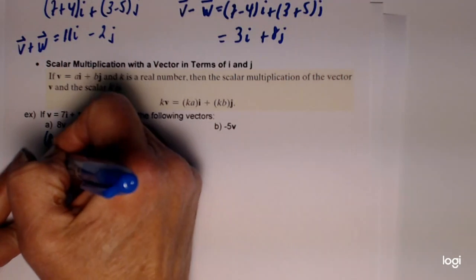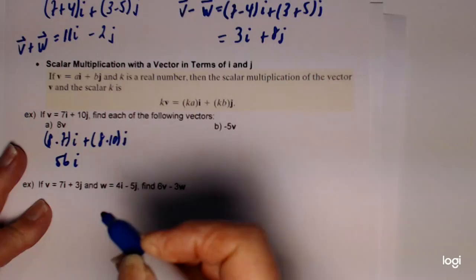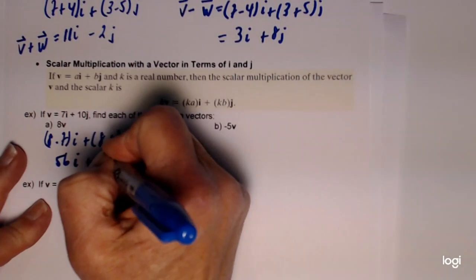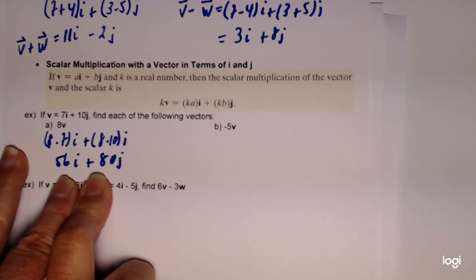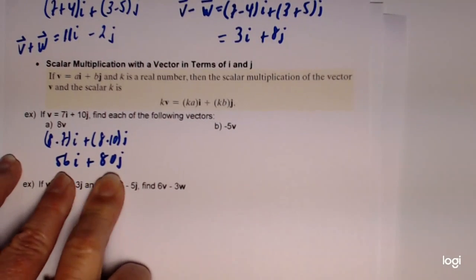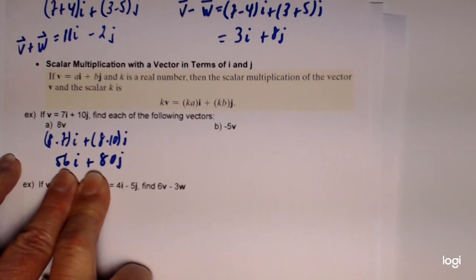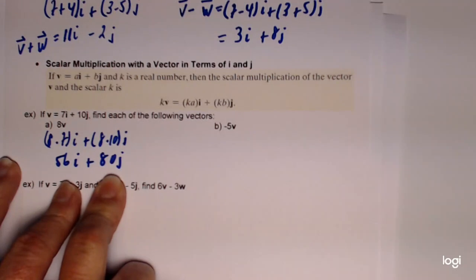So 8 times 7, we have 56i, and 8 times 10, we have 80j. So this vector here, same direction as our original v, but now we can see the magnitude is going to be much longer. In fact, it's going to be 8 times longer.